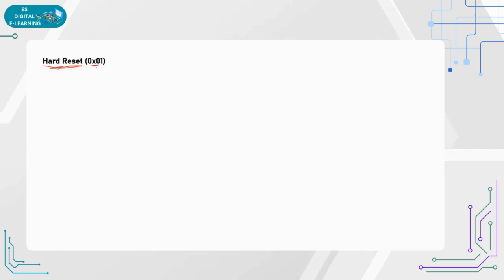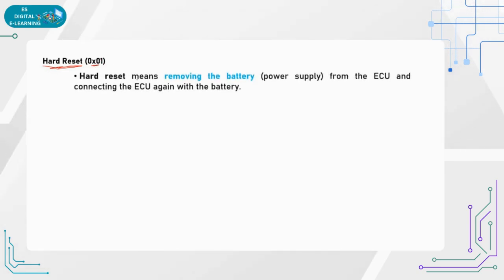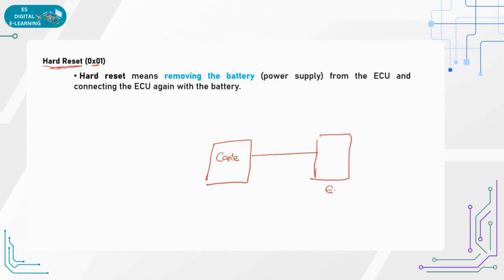Hard reset means whenever you are sending the command from CANoe, from the tool, you send the request to the ECU. This is CAN communication. That is fine, the communication is CAN.